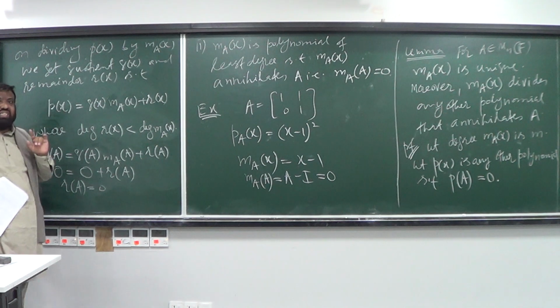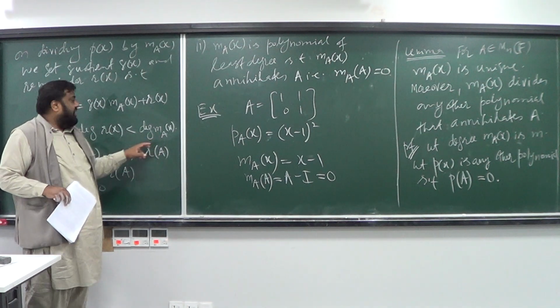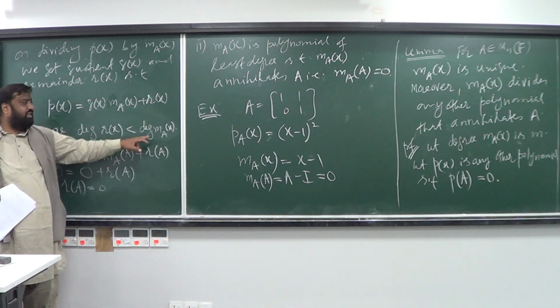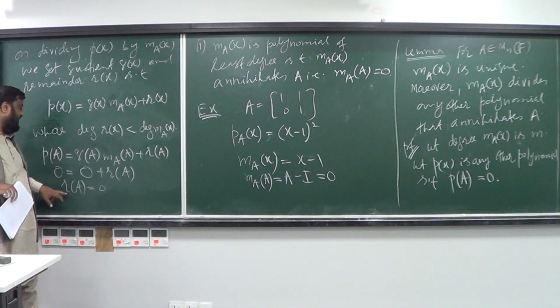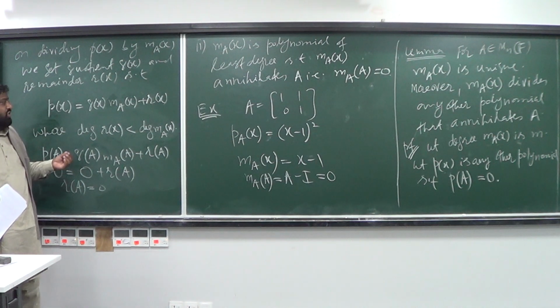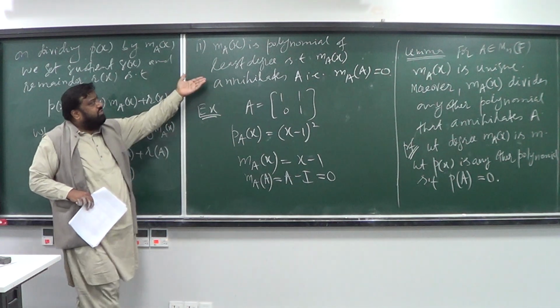But that is a contradiction to the definition of the minimal polynomial, because you have a polynomial with degree less than the minimal polynomial that annihilates the matrix A. What is the definition of the minimal polynomial?